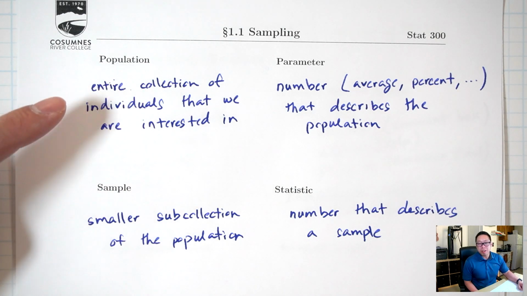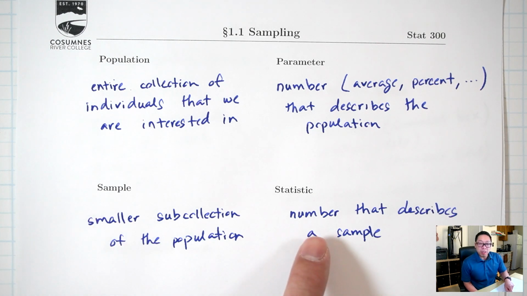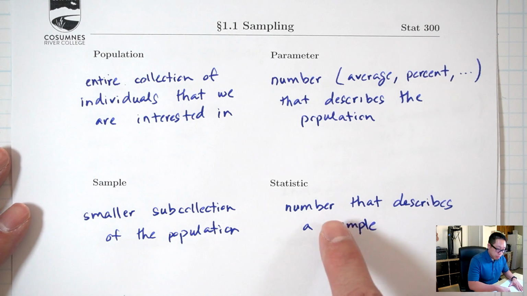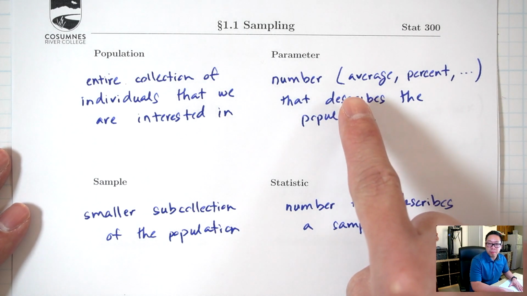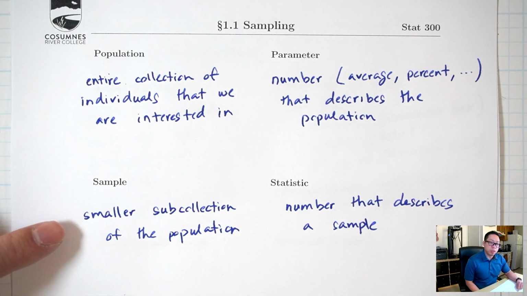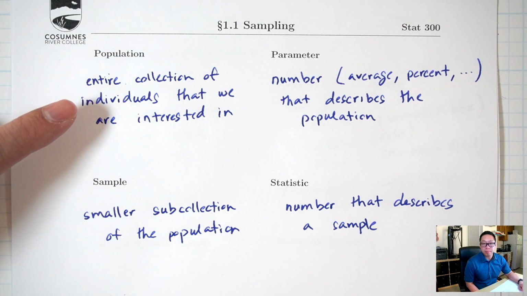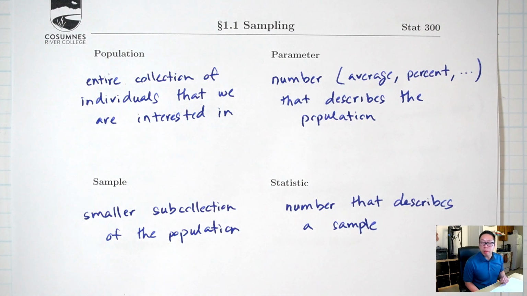So your next option is to calculate the number using a smaller subcollection, and your hope is that this number is close to this number, right? And the only way that that's going to happen is if your sample is a good representation of your population. Otherwise, this number is going to be way off from the parameter.